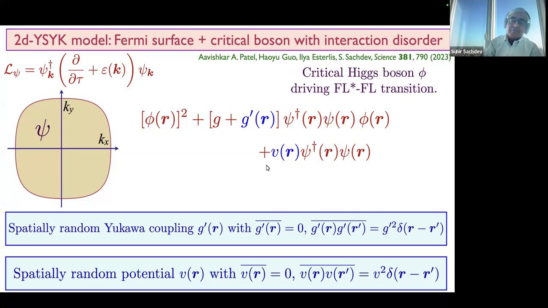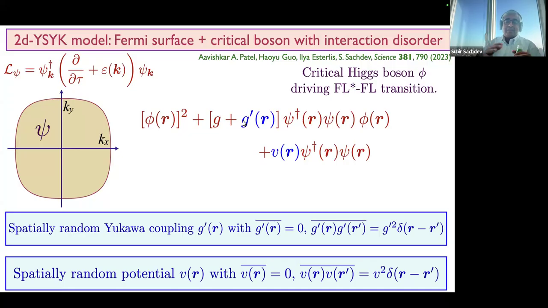And the impurities, normally you think of them as a random potential, but it turns out to be absolutely crucial to also look at the influence of impurities on the Yukawa coupling. And this is very much in the spirit of the SYK model, where it's the interactions that are random, not so much the potential. And since you've learned how to solve systems with random interactions from the SYK model, you just apply the same tricks here.